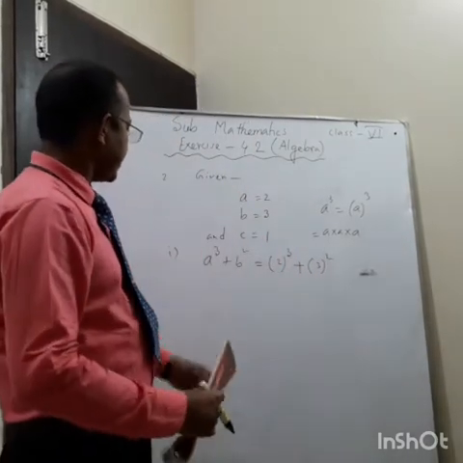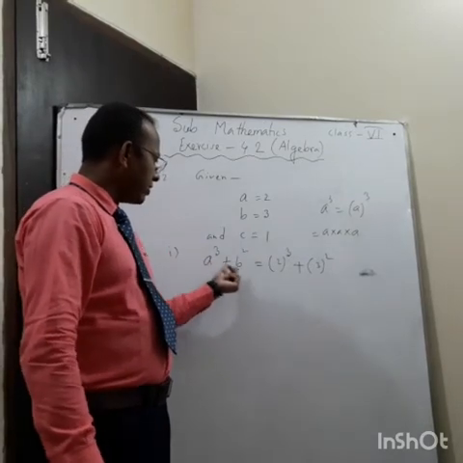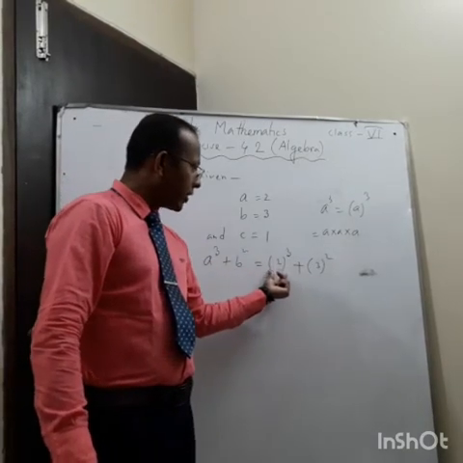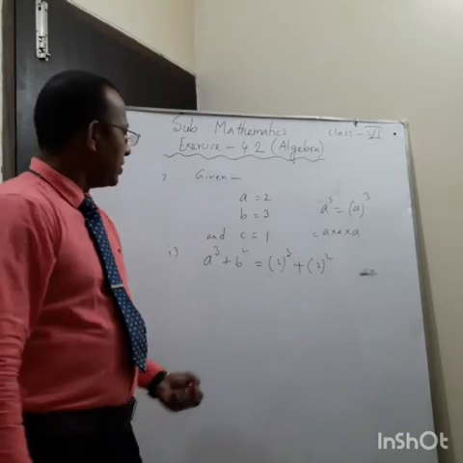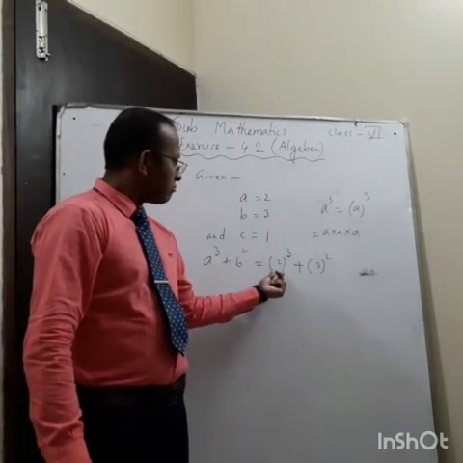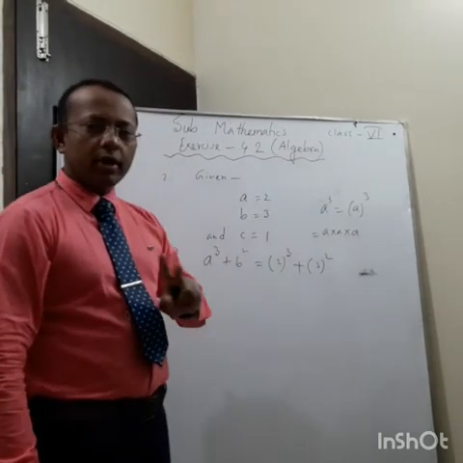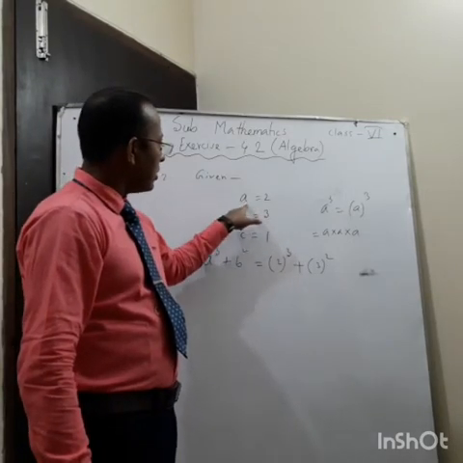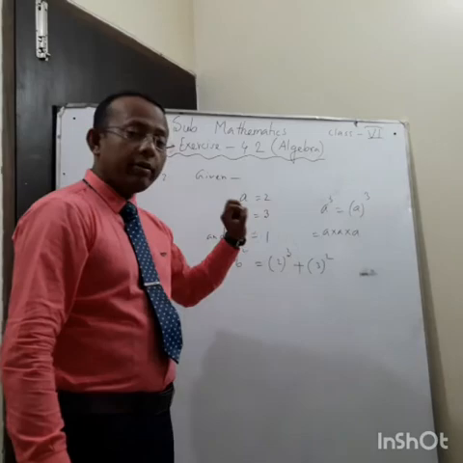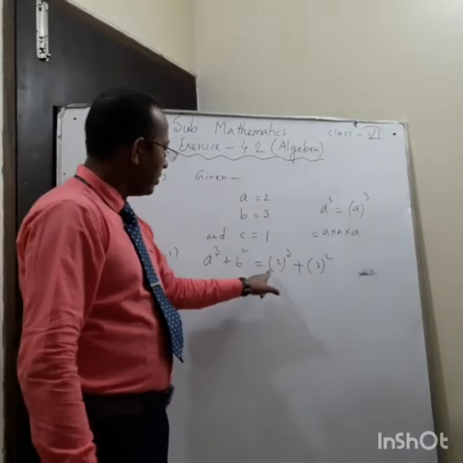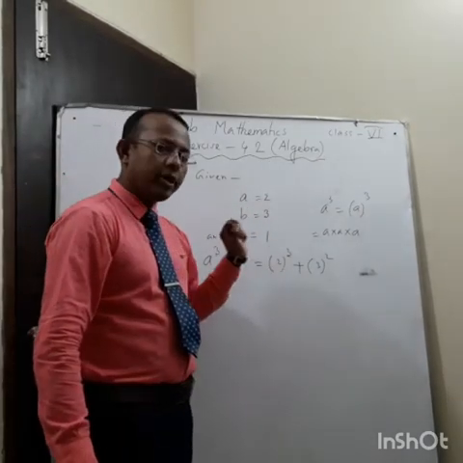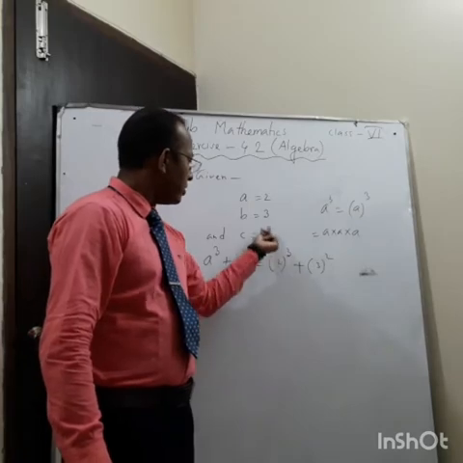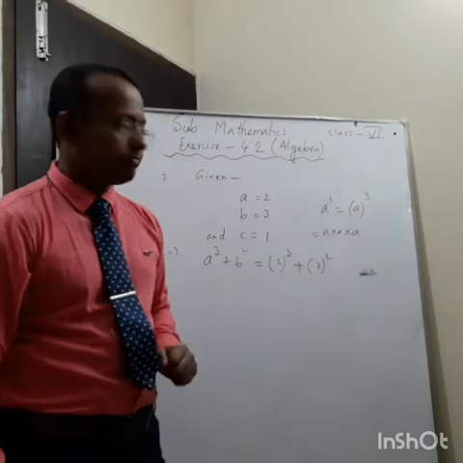You may say that, sir, there is no bracket, but you write the bracket. If you don't write 2 within the bracket, it doesn't matter, but if the values of a, b and c are negative, in that moment it is very, very essential to write the values within the bracket.